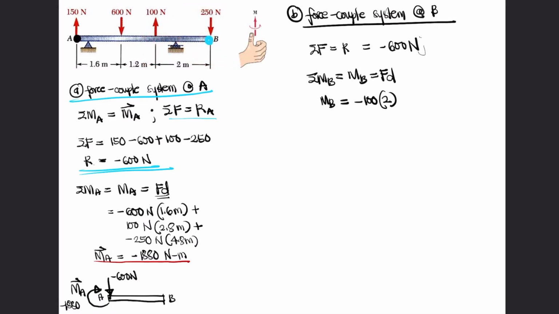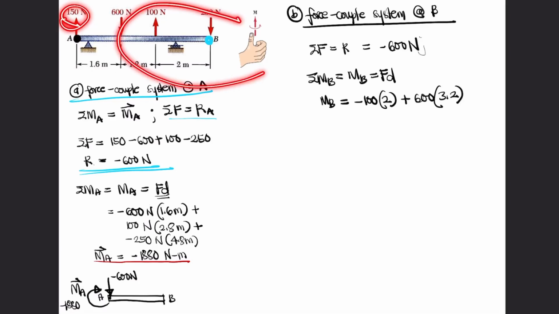So, this is positive 600 times 3.2. Tapos, last force is 150. Padulong dito.